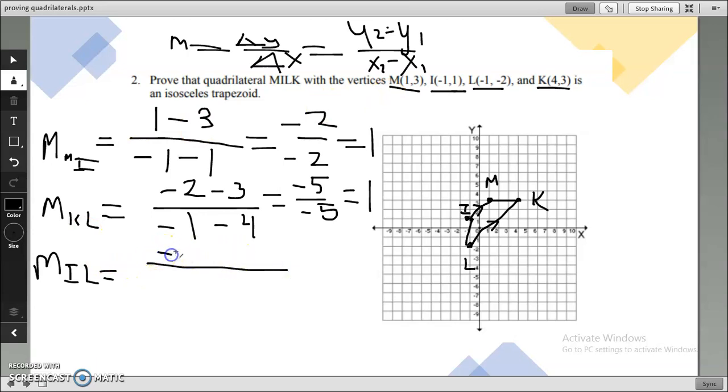So that is y2, which is negative 2, minus y1, which is 1, over x2, which is negative 1, minus x1, which is also negative 1. So that's a negative minus a negative, which turns into a plus. So I get negative 2 minus 1, which is negative 3, over 0.